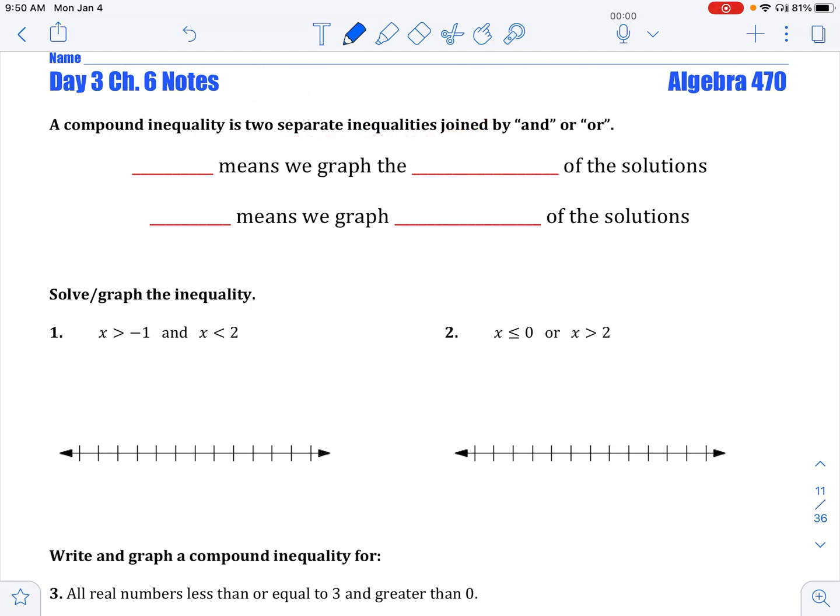So first here we need to talk about what happens when we have the word "and". When we see the word "and", we're going to be graphing what we call the intersection of the solutions for each inequality.